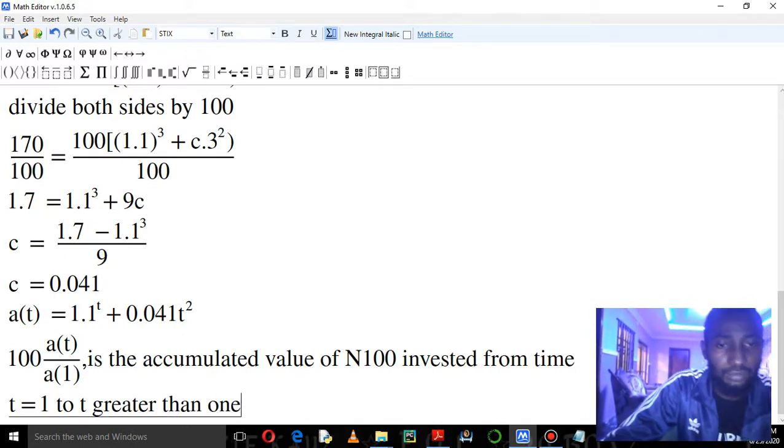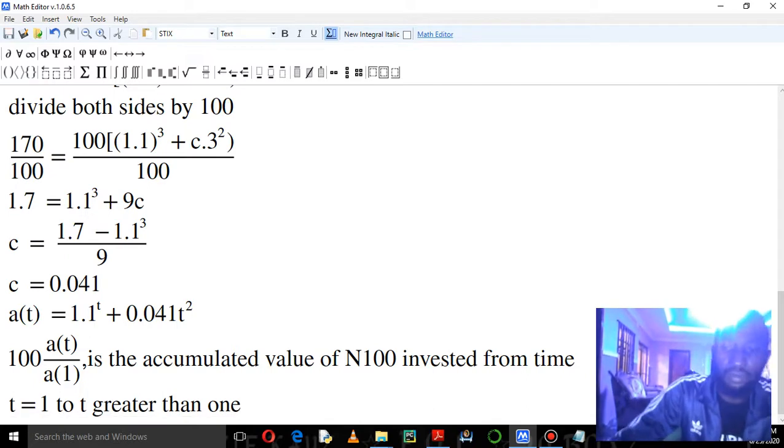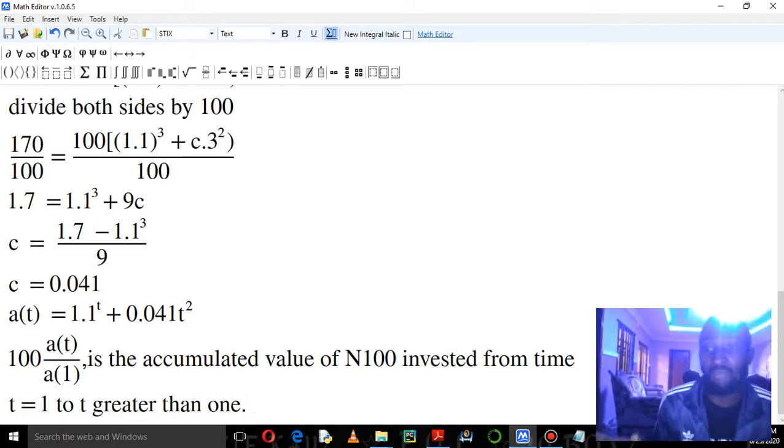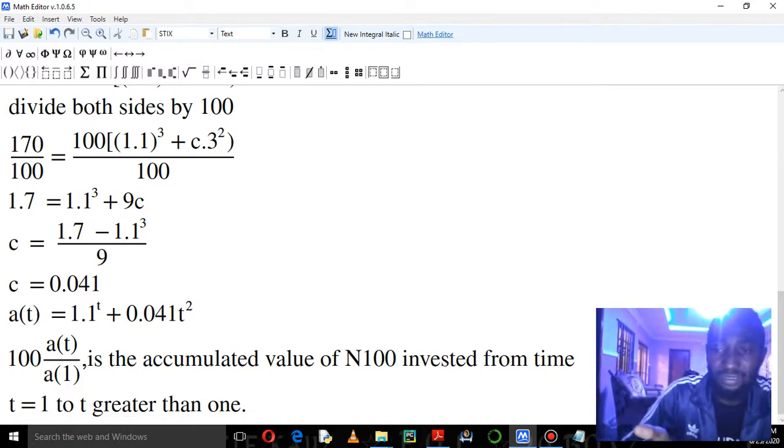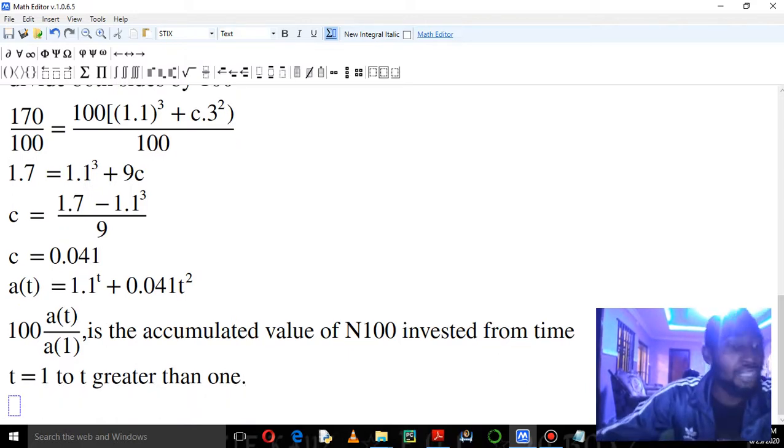Because if you invest at time t equals 0 and any amount, you will be calculating at a future date, which has to be greater than time 1. Do you understand? So let's move on.